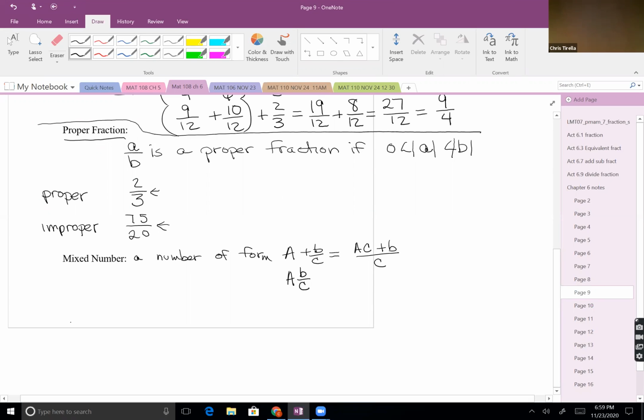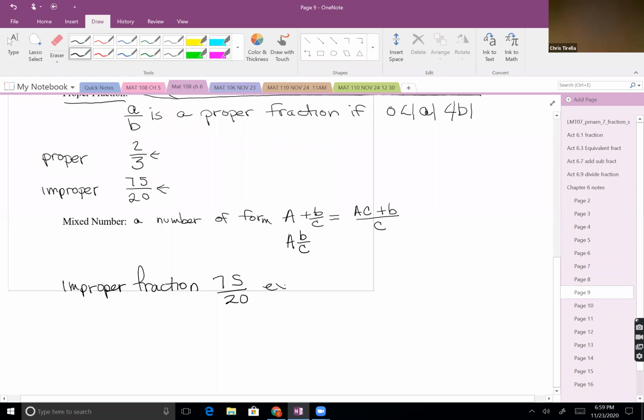And so over here, where I have the improper fraction, 75 over 20, if I asked you to express it as a mixed number, can anybody remember how to do that? How to take that 75 over 20 and rewrite it as a mixed number?